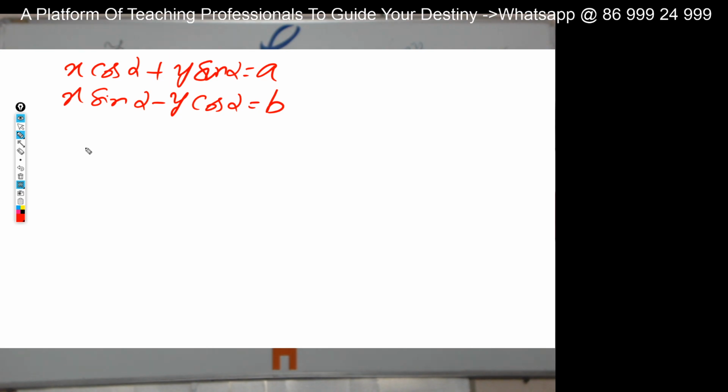The question is to find out the locus of the point of intersection of these two. That is, the point of intersection is (x, y).